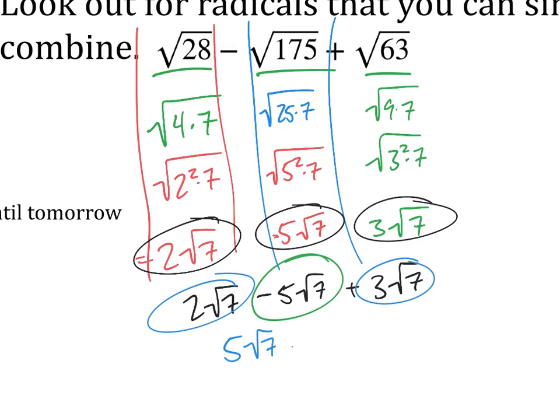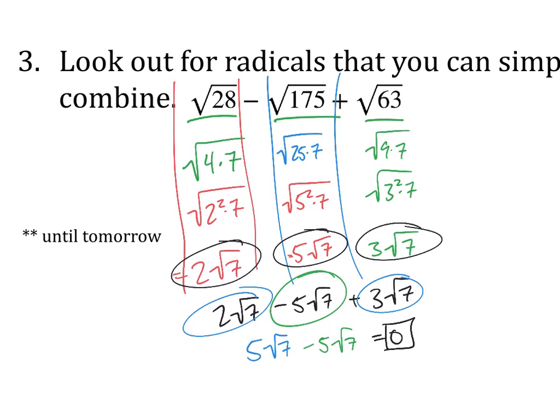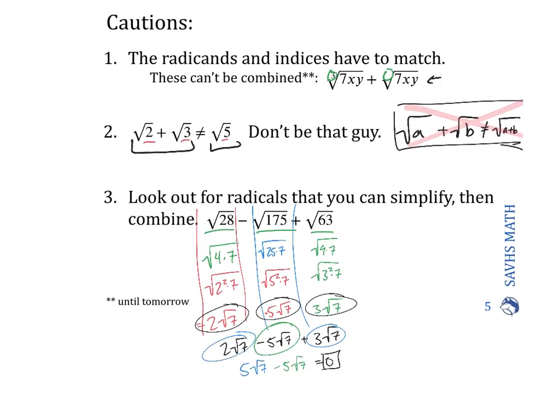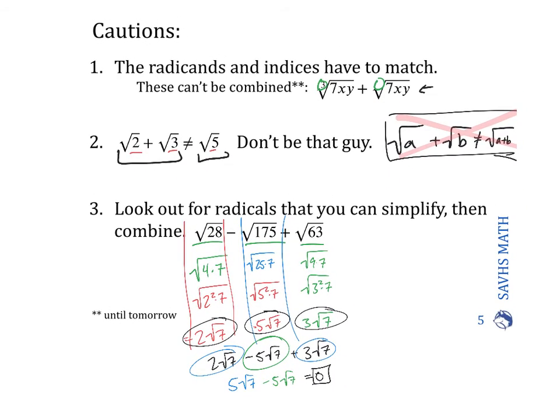And then minus 5. Our answer here is 0. This seems really surprising because these numbers don't look like they're related at all. But they are. So that's kind of just a caution for you, and a little tip is to start looking at how can you split up each radical from the very beginning so that you can come up with like terms halfway through the problem.